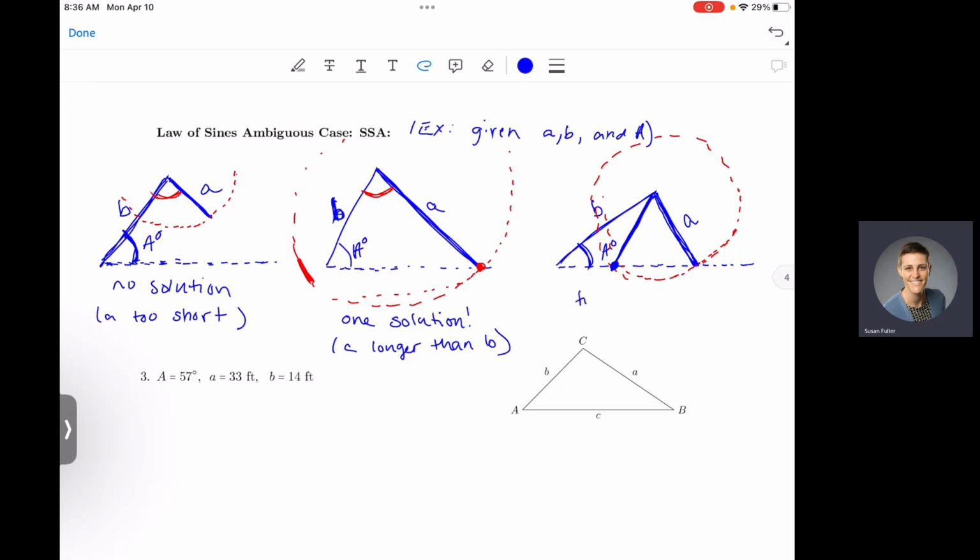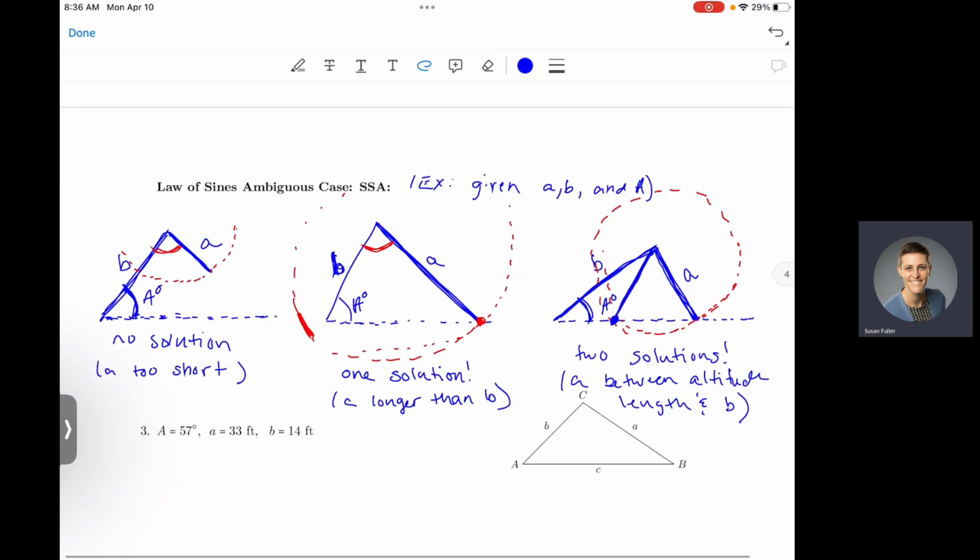This creates two solutions. This happens when A is between the altitude length and the length of side B. The altitude is from here down to a perpendicular. That's the length of the altitude. So when the length of side A is between that altitude length and B, we create two solutions.